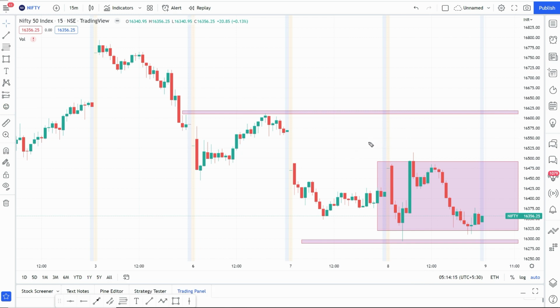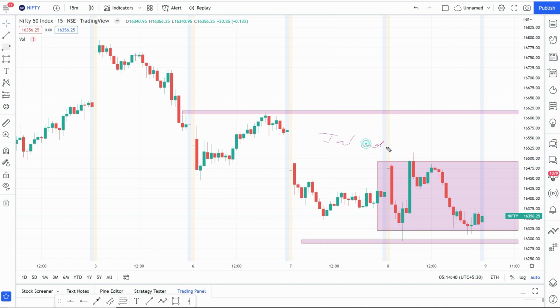The levels for the Nifty that I'm looking for, as you can see here, are inside this range which I have marked in this closed rectangle. First, let's talk about the intraday moves.